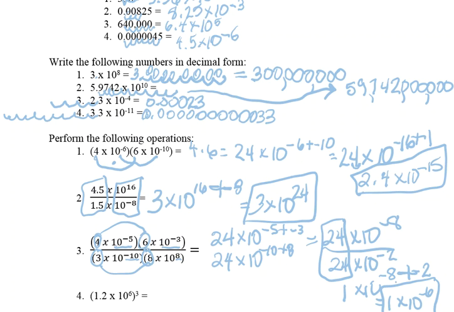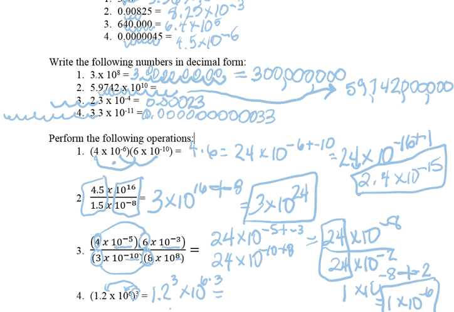Okay, last one here for scientific notation. We're going to do a power. I can see all of this is to the third. Remember when we did rules of exponents, that means everything on the inside has to go to that power. So this third power goes both to the 1.2 and to the 10 to the 6th. So we have 1.2 to the third times 10. Now when we had something to a power, we multiplied exponents.